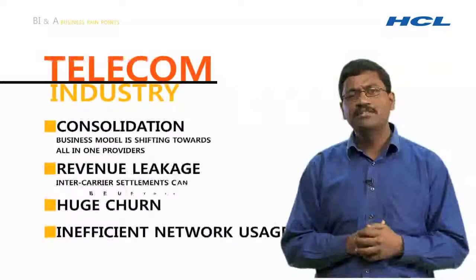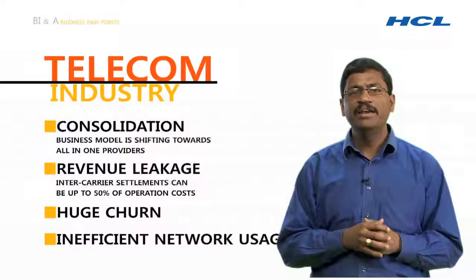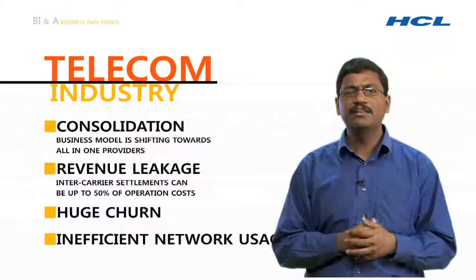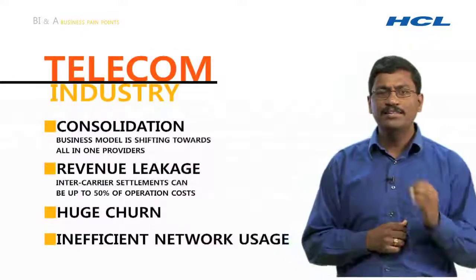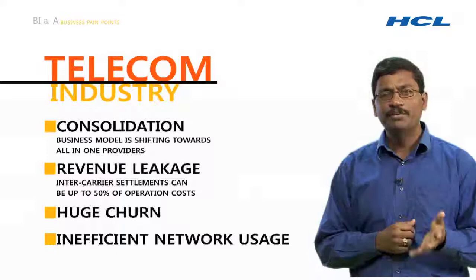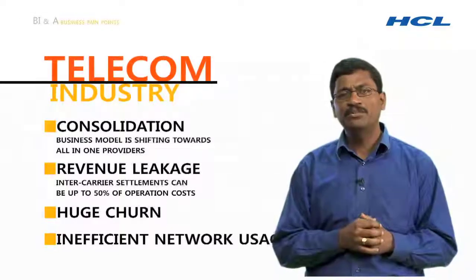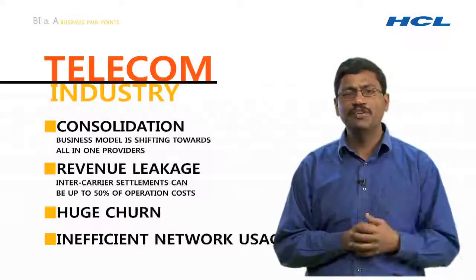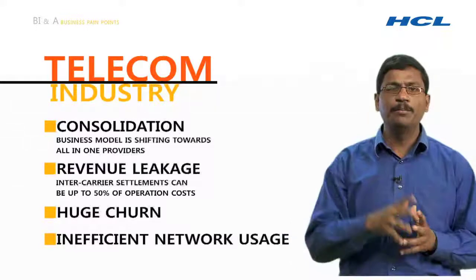Revenue leakage is an ongoing profitability threat and a $100 billion industry problem. Inter-carrier settlements, one of the primary sources of revenue leakage, are an essential aspect of the telecom business. For most carriers, inter-carrier settlements represent one of their largest sources of revenue, but can also account for up to 50% of their operating costs.